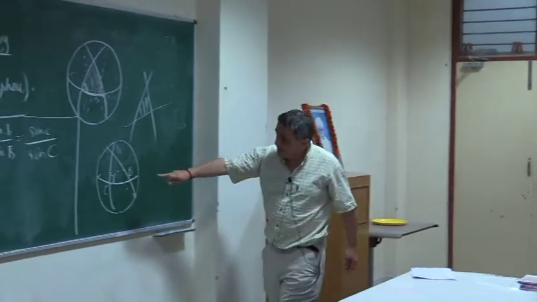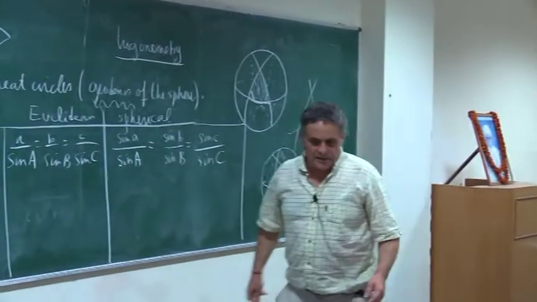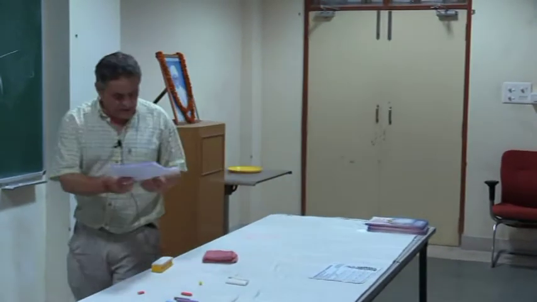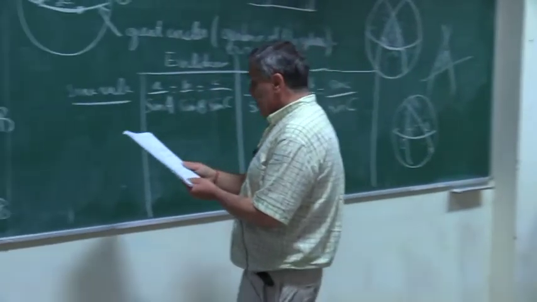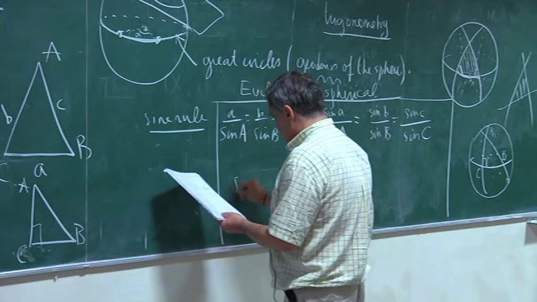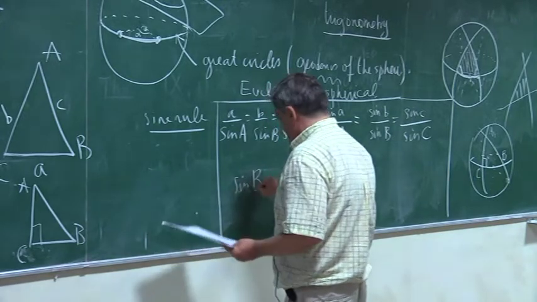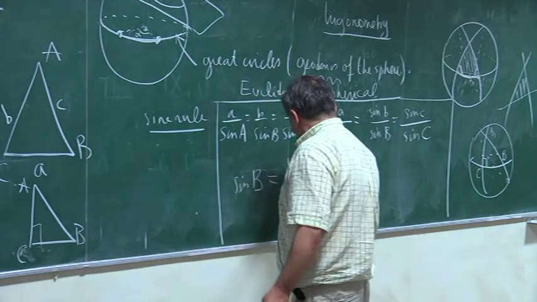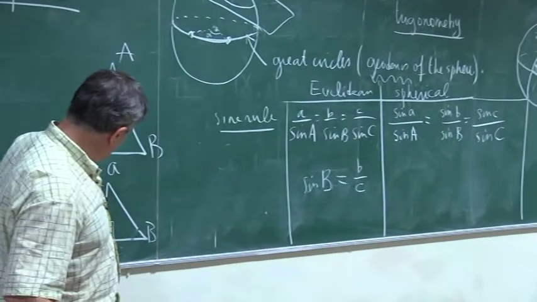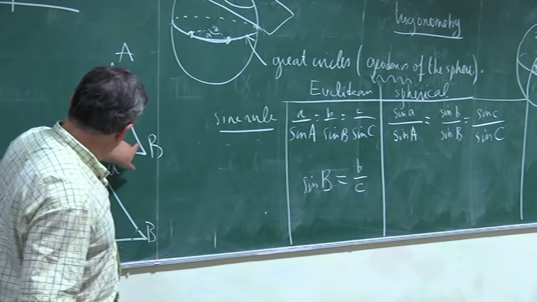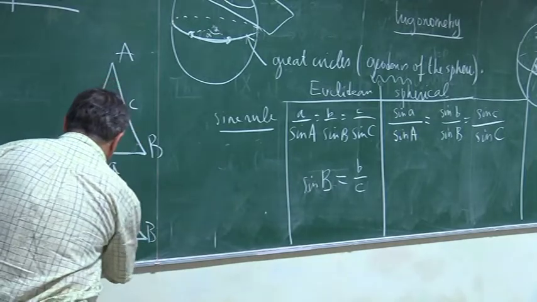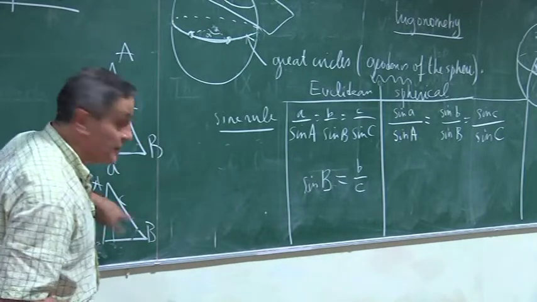So here I'm supposing that my triangle is a right triangle. It has a right angle, and then in Euclidean geometry I have sine B is equal to b over c, right? Okay, so this is b, this is c. Sine B is equal to b over c.